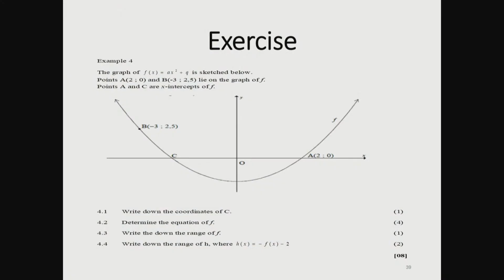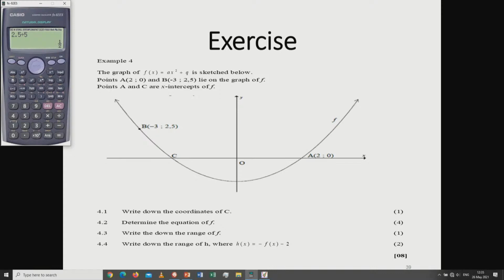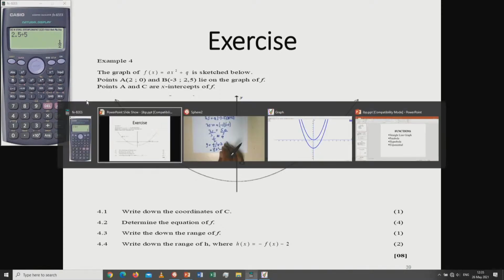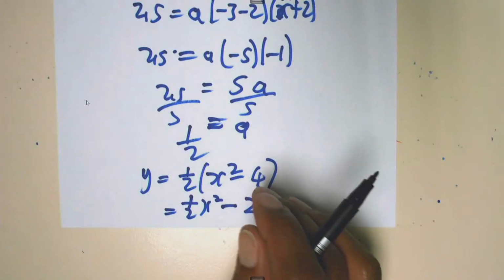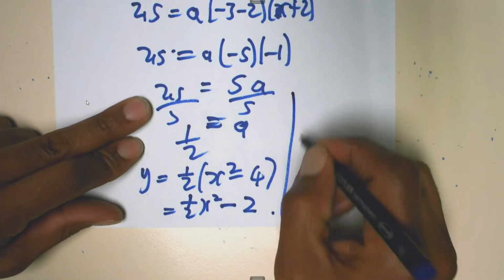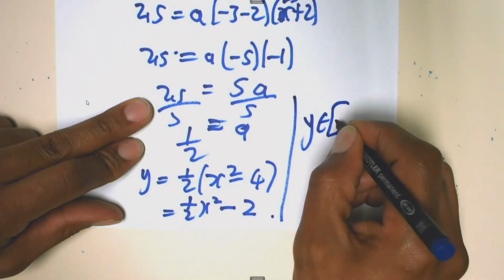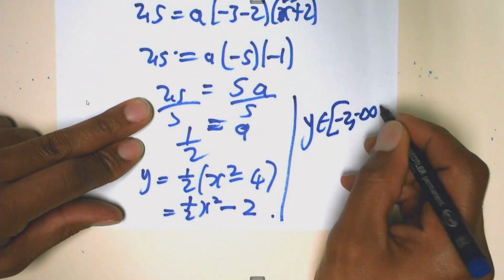Okay. Right. And then from there, they say write down the range of f. What is the range? Values of y that form part of the graph. The answer is y element of square bracket, minus 2 to positive infinity.